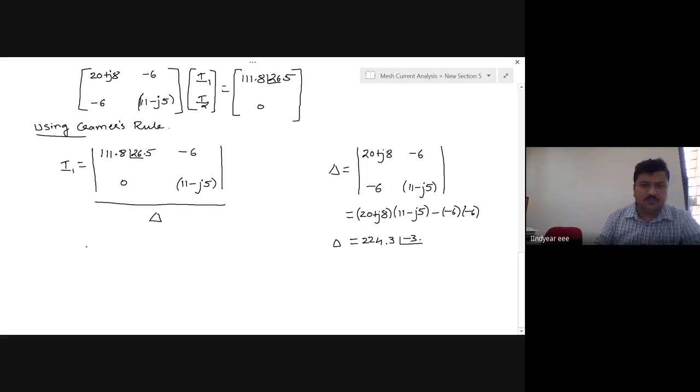Okay. Now I1 is equal to 111.8 at an angle 26.5 into 11 minus J5 minus 0. 0 into 6 is 0, divided by 224.3 at an angle minus 3.